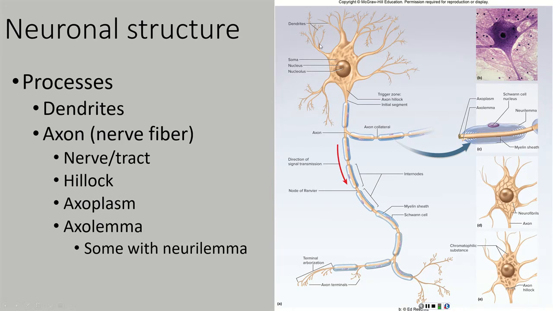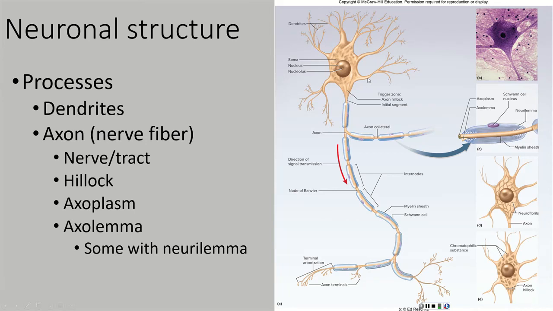Dendrites, there are more of them, usually. There can be any number of dendrites. Axons, there is only ever one. In some cases that we won't talk about, there might not be any, but there's never more than one axon.